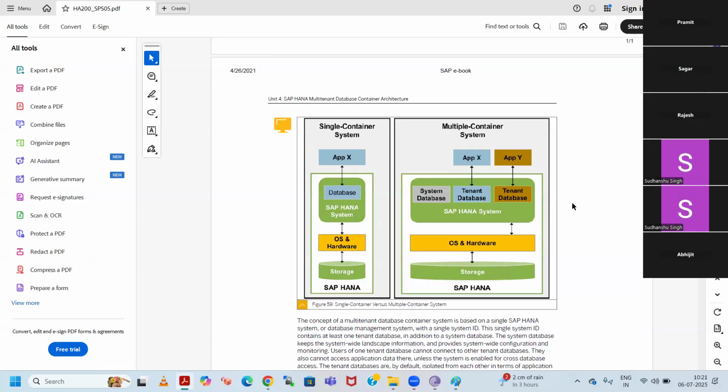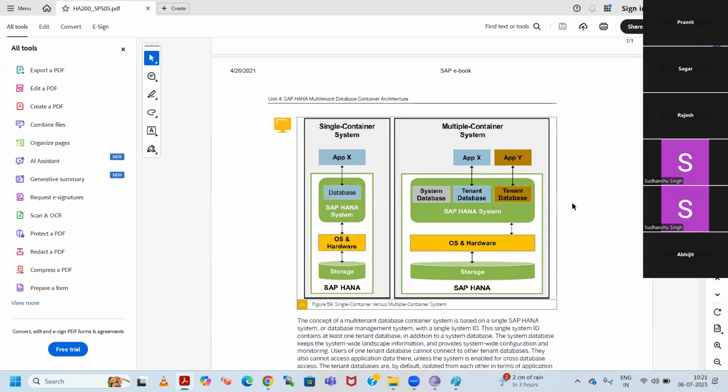The diagram itself shows the same thing which you showed us on the WordPad right now, wherein there is a system database. There's a comparison between single container and multi-container, as you showed earlier. The single container has only one database, and the operating system and hardware operate on the same database and the same storage.